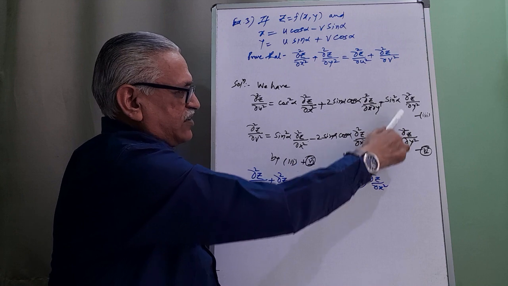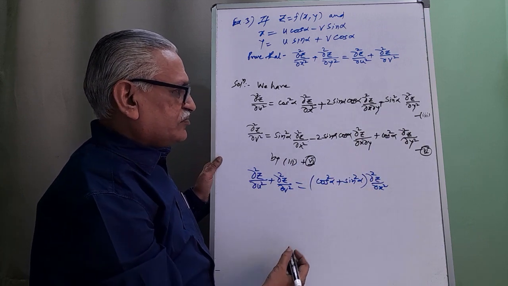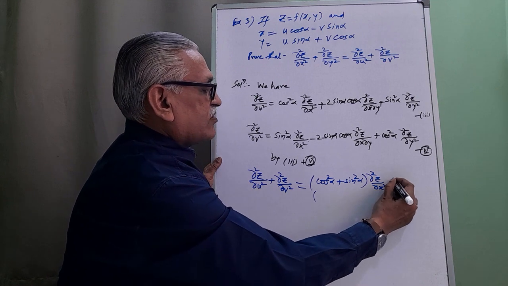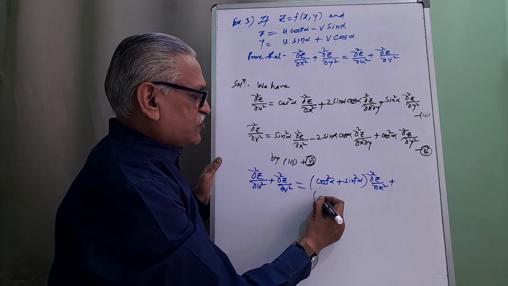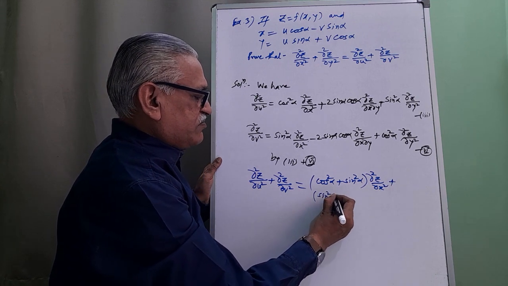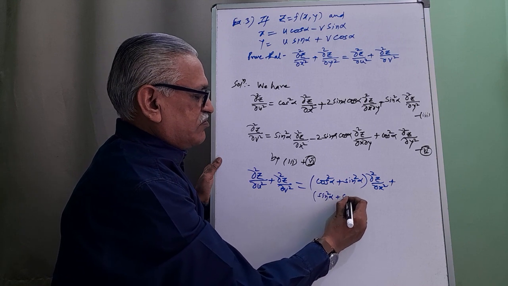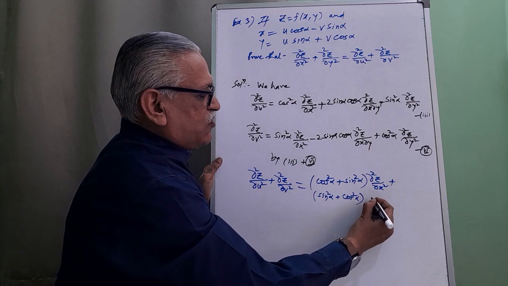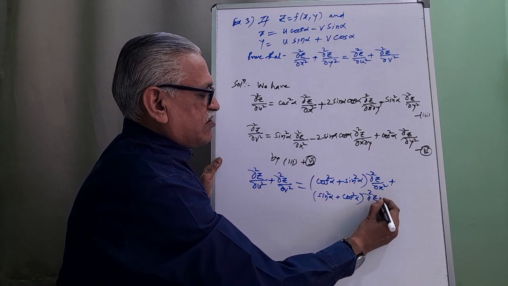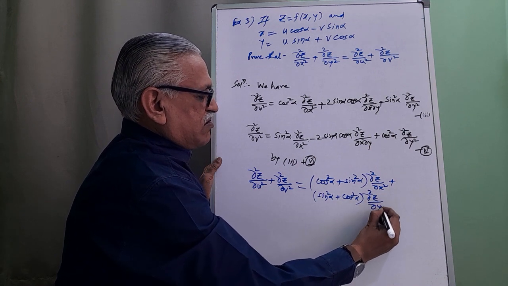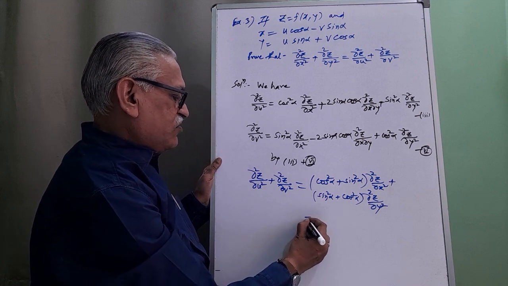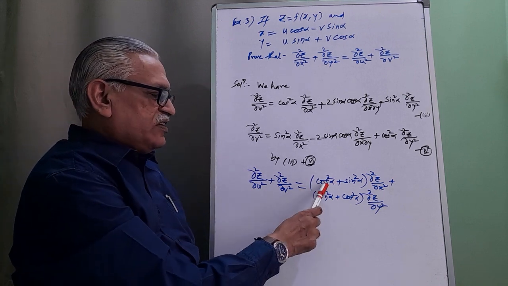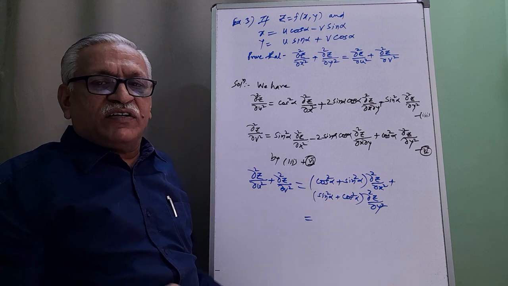And adding the last two terms, we get again sin² plus cos² alpha as the remaining term, common is ∂²z/∂y². And we know this result, sin² plus cos² alpha is 1.